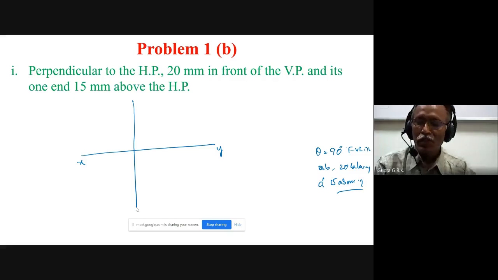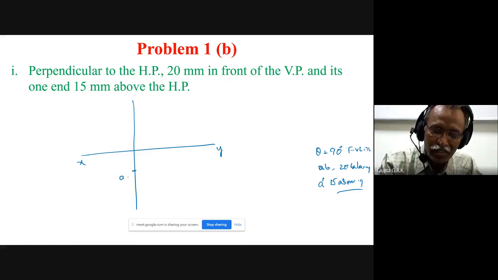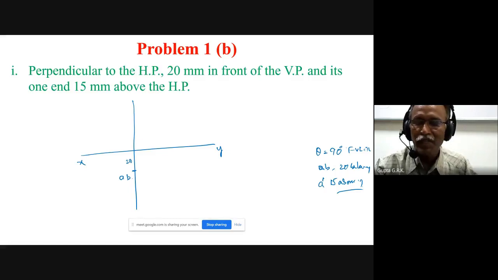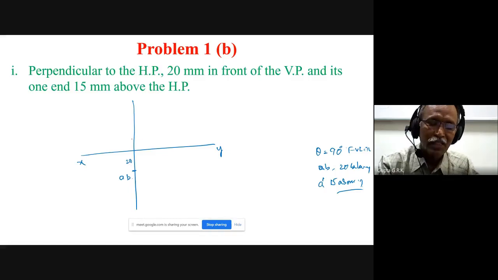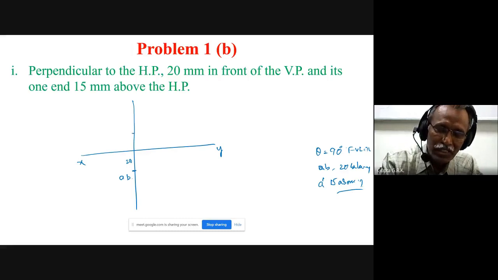So now where is AB? AB is a single point 20 below XY, so AB will come here, and this is 20. And I have to draw A dash B dash perpendicular. A dash is 15 above XY, so you fix A dash. This is 15.